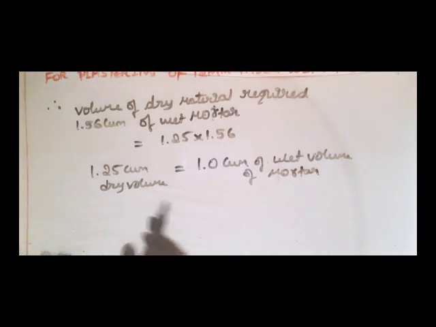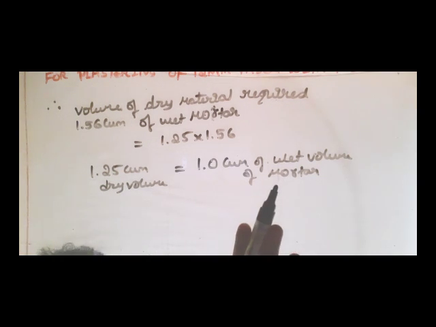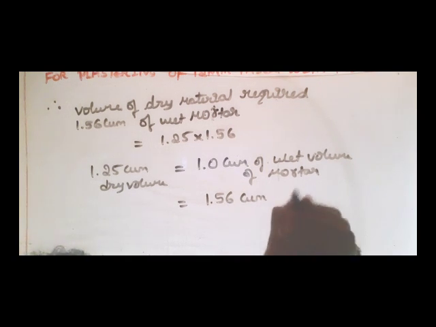So for every 1.25 cubic meter of dry volume, we get 1 cubic meter of wet volume. So how much did we get exactly by calculating the total quantity? It is around 1.56.